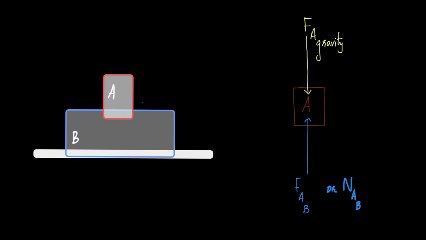What I do is I often draw the head of the arrow to the object where the force is actually experienced. So the force of gravity here actually acts on A and it has been pulled towards the earth. That's what this arrow means.